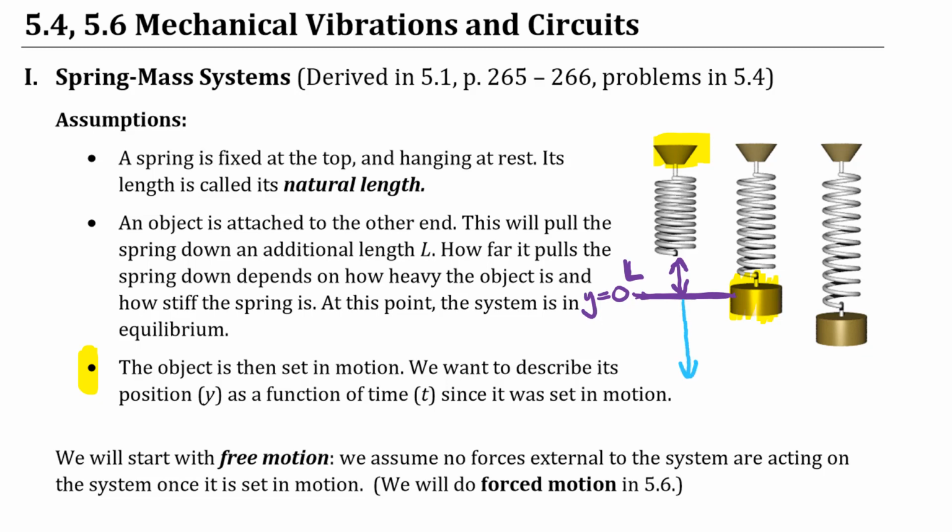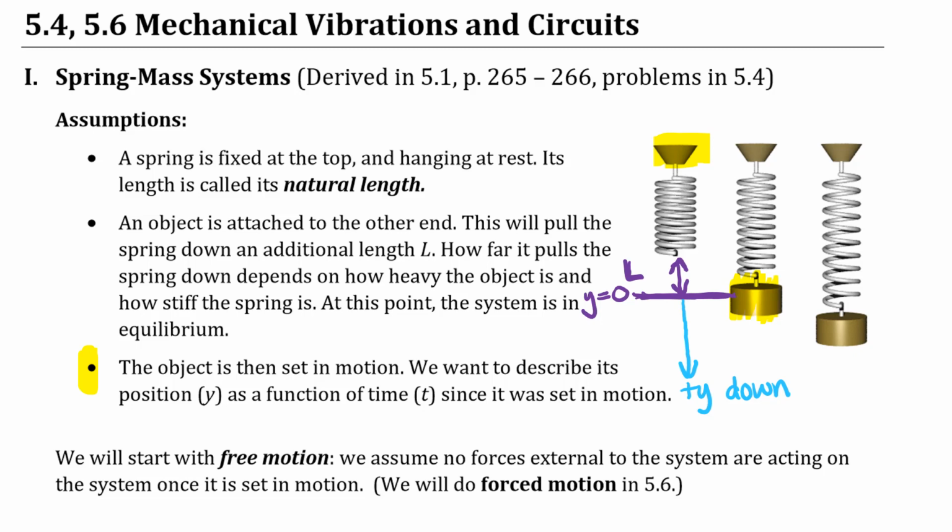We are going to choose to use positive Y as the down direction. That's what our textbook does, but that's just a choice that you make, and you all know that from taking physics, that you can choose the negative direction to be down or the positive direction to be down. All right, so that is our system, and then what we're going to start with is free motion.